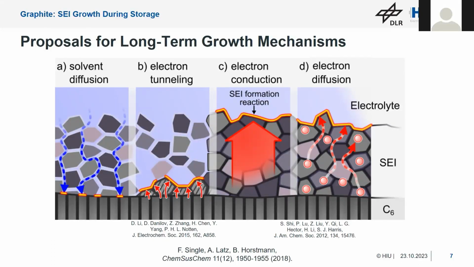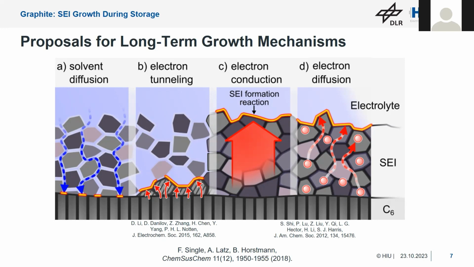One important way electrons could diffuse through the SEI would be via neutral lithium interstitials in our SEI. Such neutral lithium interstitials would come about like this: if we have lithium ions here at the graphite surface, electrons could jump from the graphite onto our lithium ions, and then they form neutral lithium, and neutral lithium then can diffuse through the SEI and release its electron at the electrolyte.